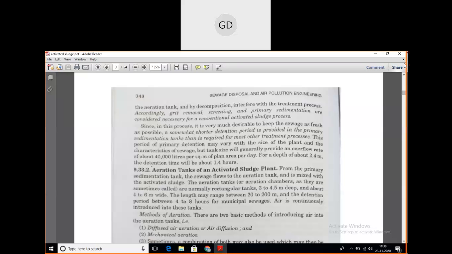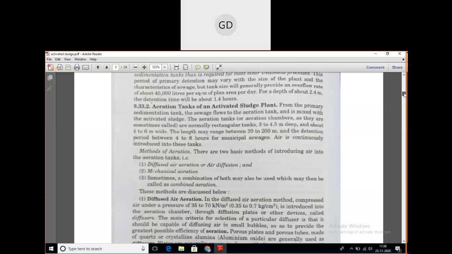Now, what are the different methods of aeration, like how you introduce the air into your aeration tank? There are three methods, but two are mentioned here.